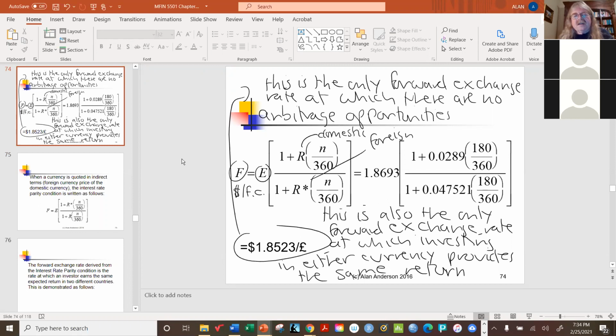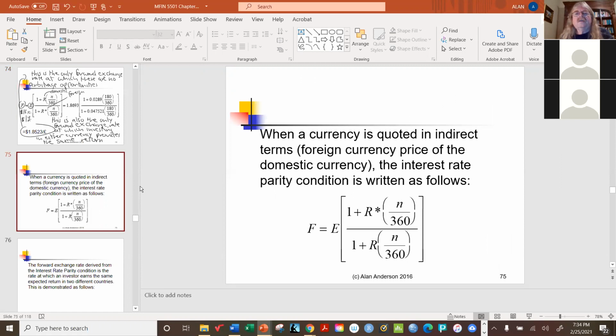If not, let's say that the exchange rates we're looking at are foreign currency per dollar, so this is yen per dollar, and this is yen per dollar. If you notice, R star is now in the numerator, and the R is now in the denominator.